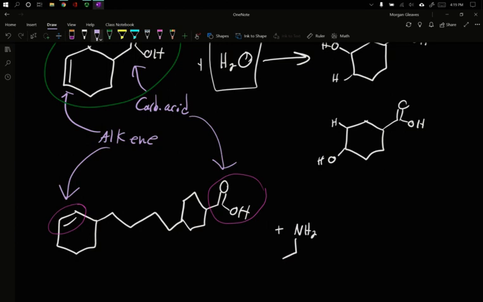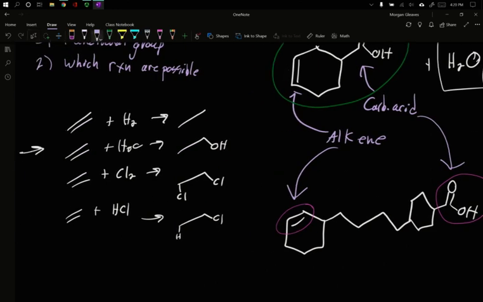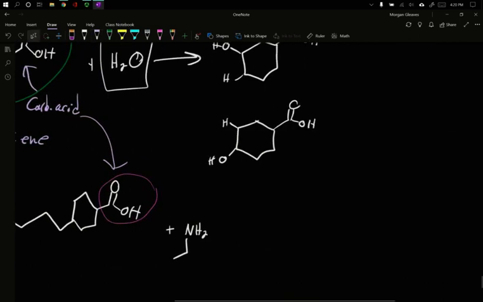Do either of these care about a primary amine? We don't know anything in our alkene tools that care about primary amines, and so we're going to assume that nothing's happening there. But a carboxylic acid plus an amine, or generic carboxylic acid plus the generic amine, will form an amide.